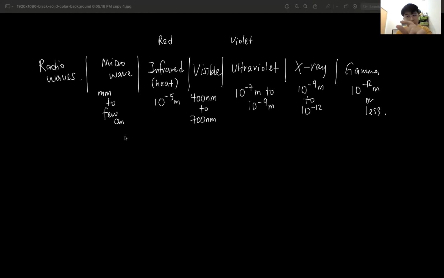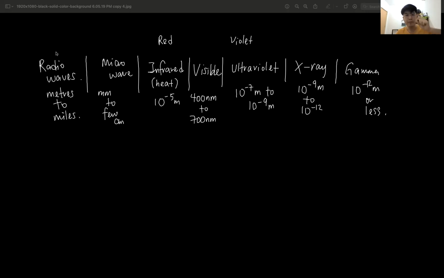That is the wavelength of microwave. And radio wave ranges from meters, meters to miles. It can last very long. Anything that is higher, we just call it radio waves.